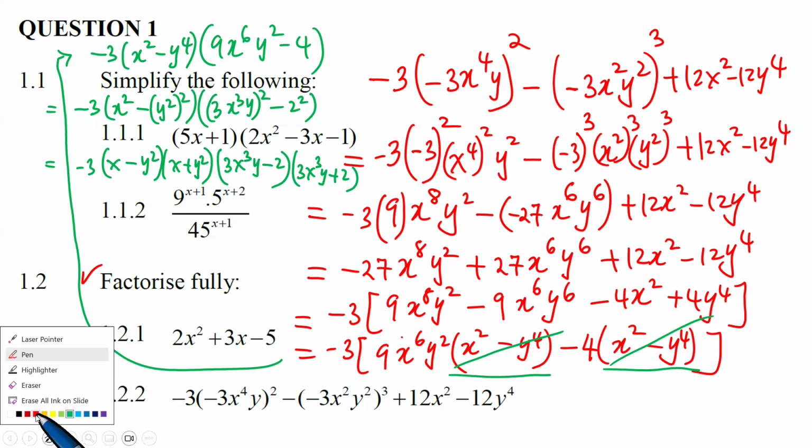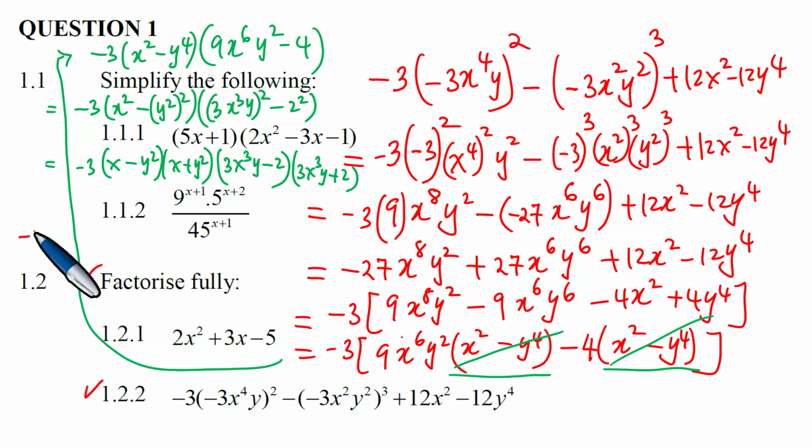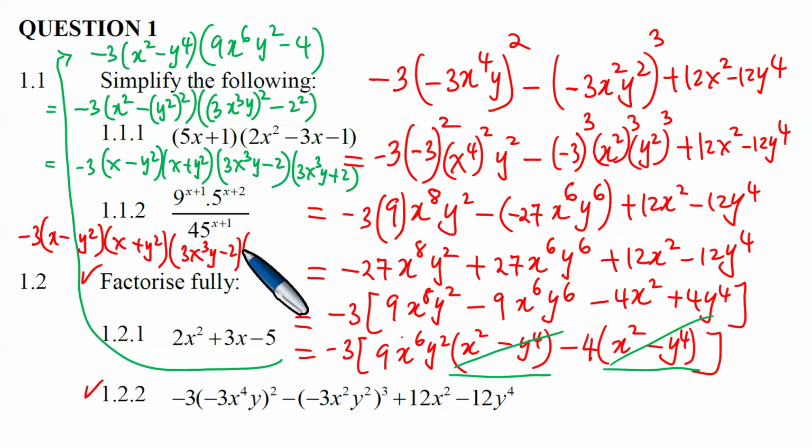So it then means that you're gonna have -3 open bracket x minus y squared, and you have x plus y squared, and then we have open bracket 3x cubed y minus 2, and then here you put 3x cubed y plus 2.